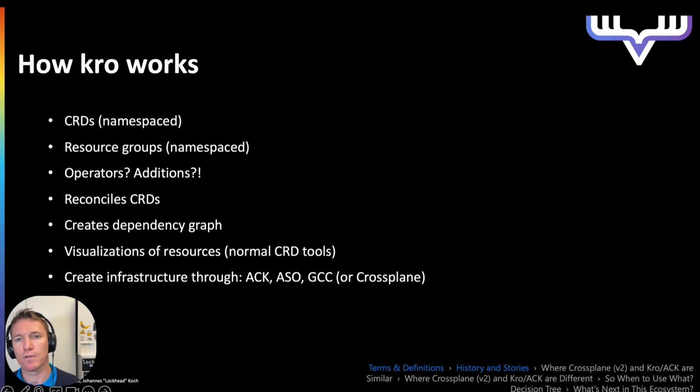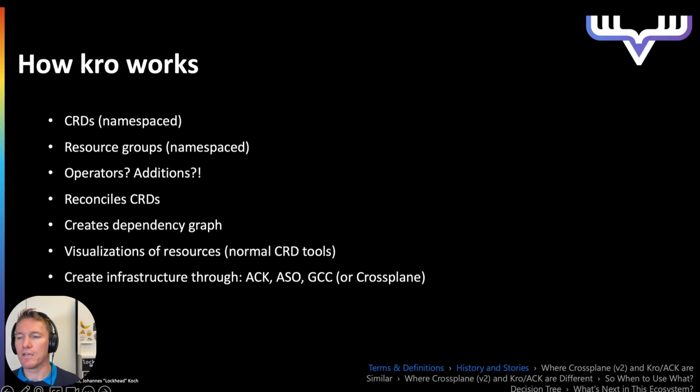Visualizations of resources for KRO need to follow the normal CRD resources, so K9S, K3S, whatever you want to use to visualize your CRDs, you can use that as well. And then you can create infrastructure, again, using ACK, ASO, or GCC, or you can even use Crossplane providers to create infrastructure, because KRO only manages the standard Kubernetes objects, right? And it constantly reconciles those CRDs.